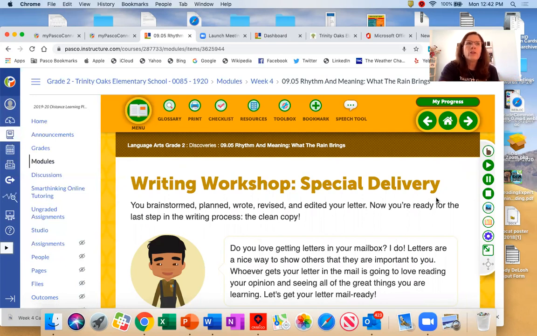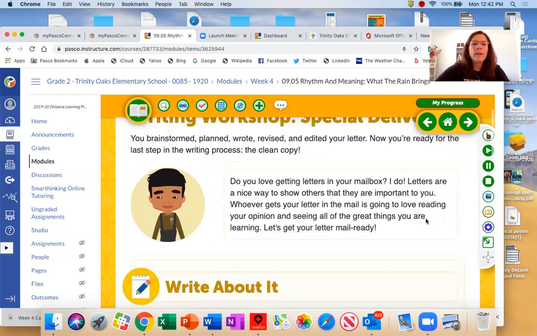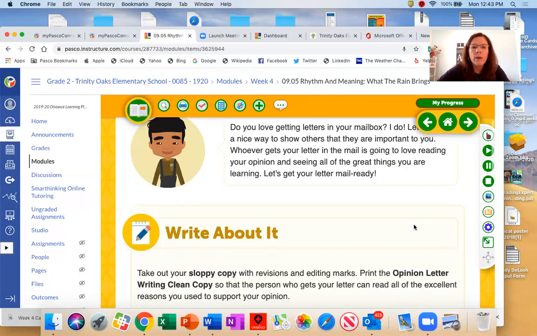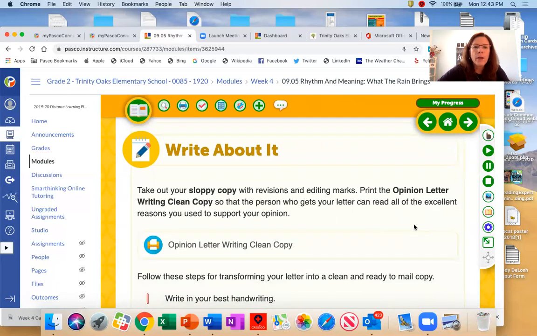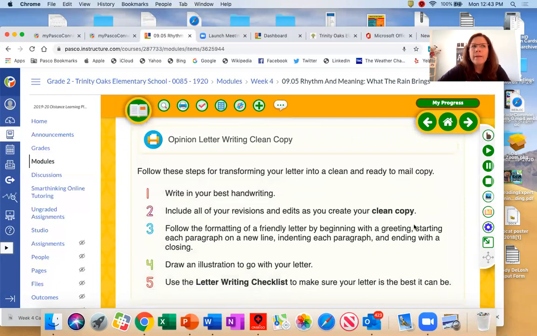You're wanting to make sure that you have all the pieces to your assignment done. All righty? And you've done that friendly letter. Now, some of you have done a wonderful job. Other friends, they needed to work a little bit harder on adding all of the different components to the friendly letter. All righty? And then I've had some people write wonderful letters, but not on what the assignment says.